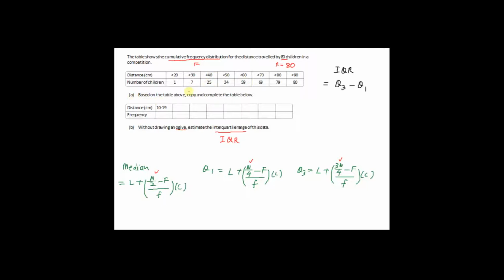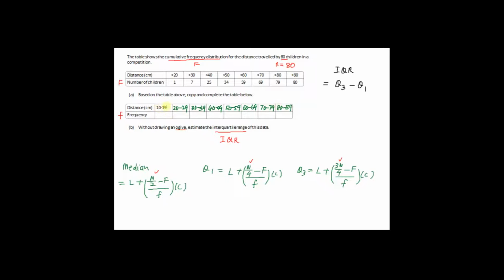For part A, based on the table above, copy and complete the table below. Now we have to convert this cumulative frequency distribution to the frequency table here. So we have 10 to 19, 20 to 29, 30 to 39, 40 to 49, 50 to 59, 60 to 69, 70 to 79, and 80 to 89.